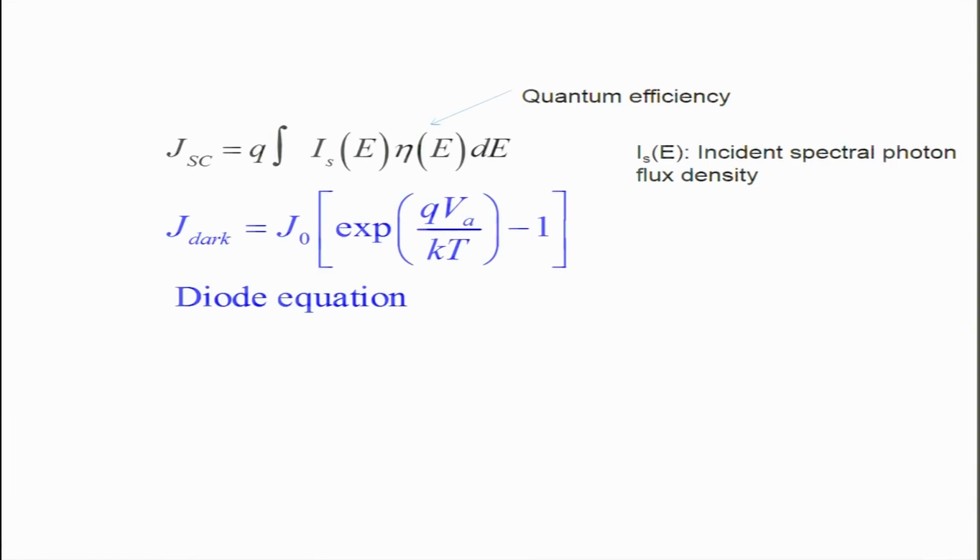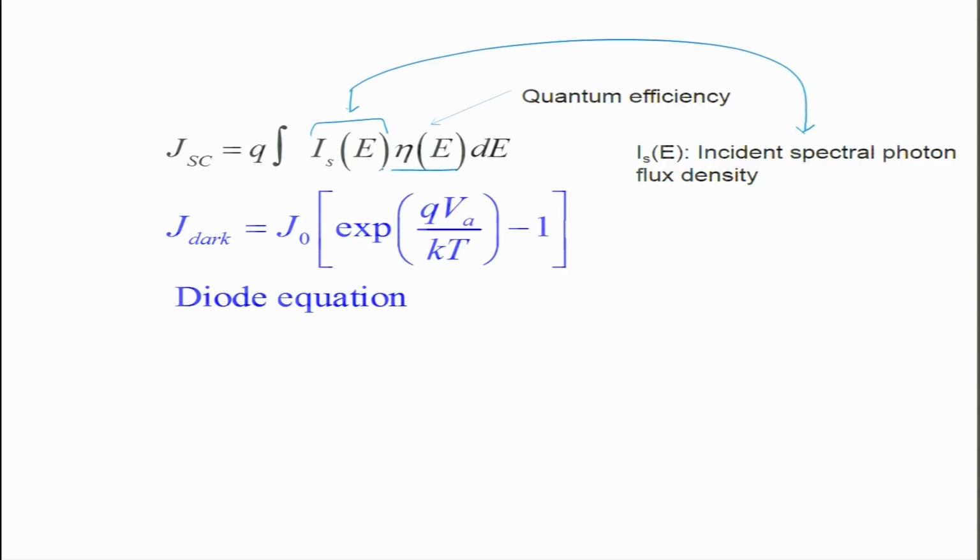The current that we extract from a solar cell is depicted as Jsc equal to q times the integral over all energies of the incident spectral photon flux density, times eta(E), which is the quantum efficiency.